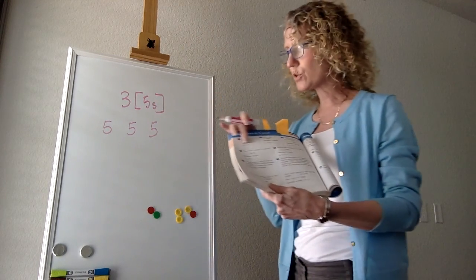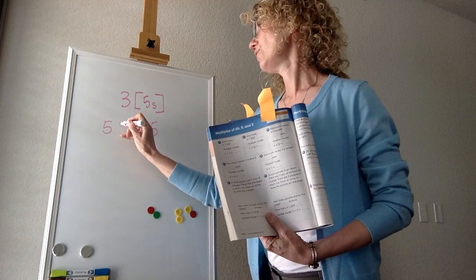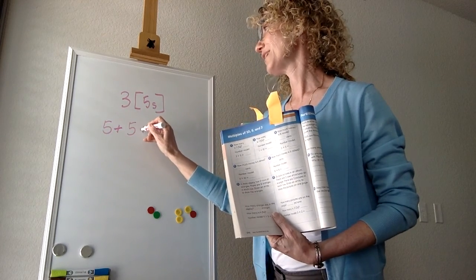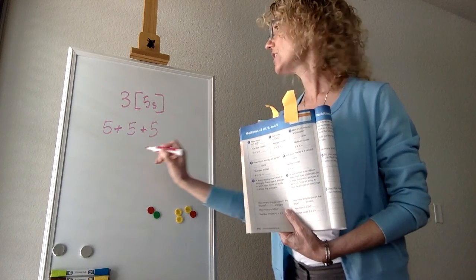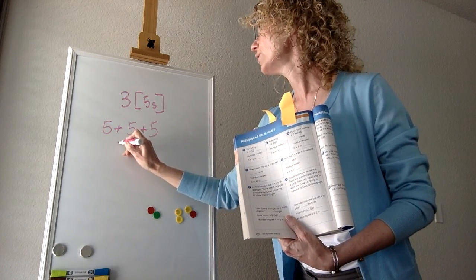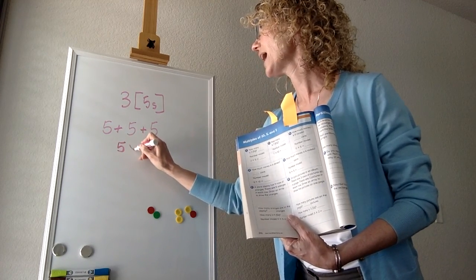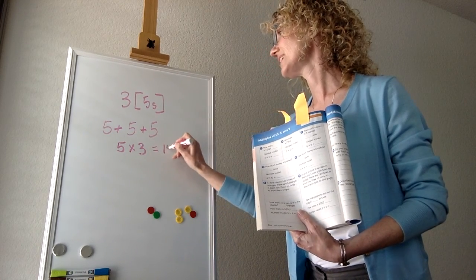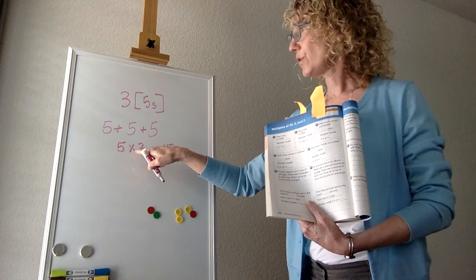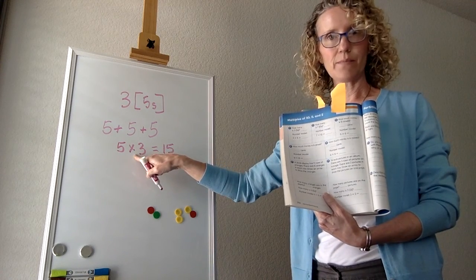Then it says, what is 3 times 5? If we put little pluses in between here, that's your addition number model. Your multiplication number model would be 5 times 3 equals 15. And you use the X for the times.